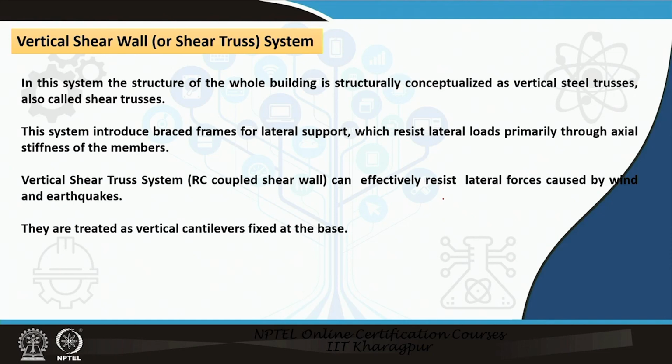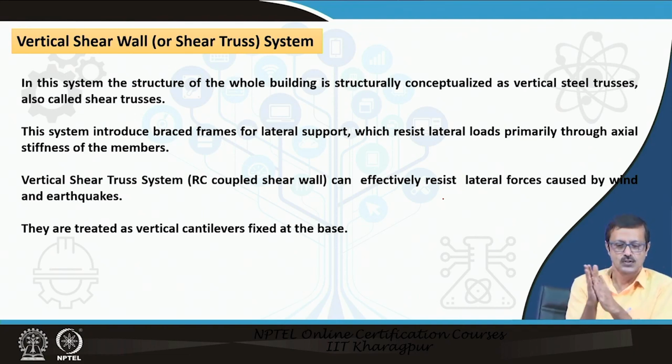In that particular system, the lateral load resisting supports primarily take care of the lateral load, that is from the wind load or those kinds of lateral load, which has to be resisted. That is why it is known as the vertical shear truss.